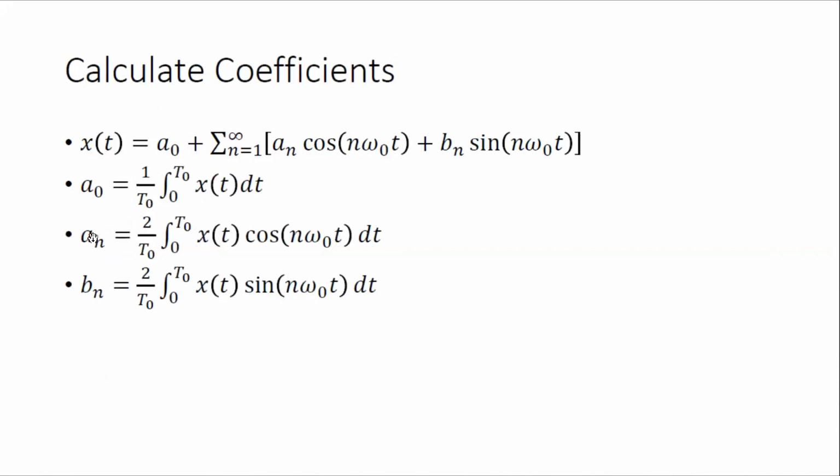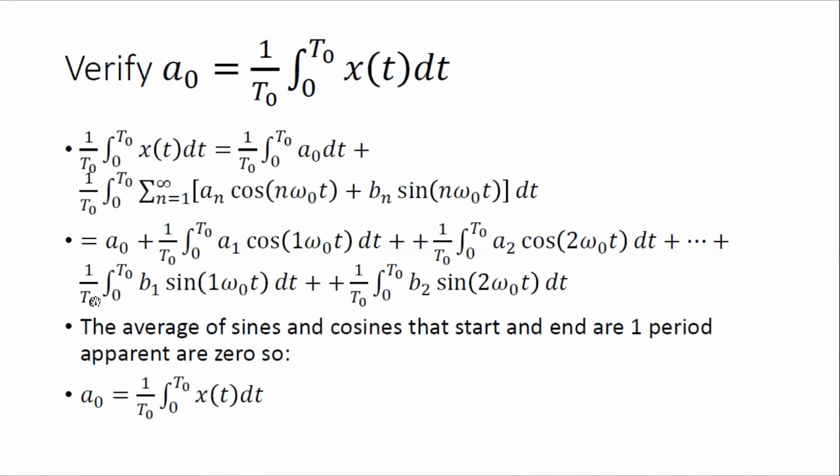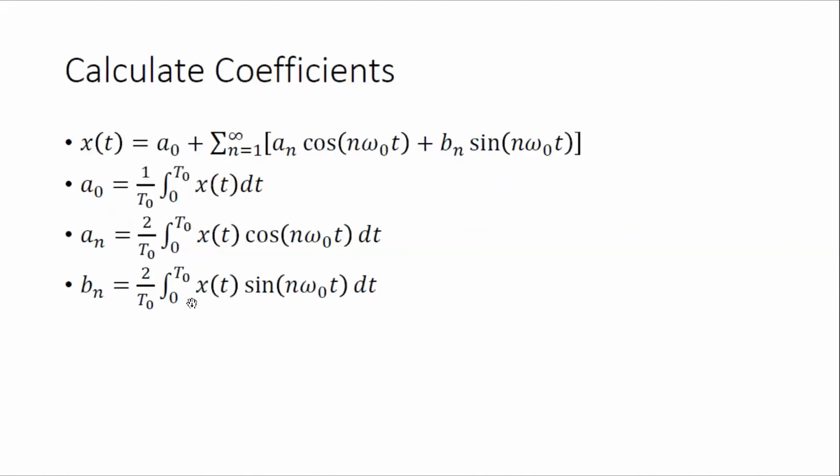You find the AN constants by multiplying your signal times cosine and then integrating. You find your BN constants by multiplying by sine and then integrating.